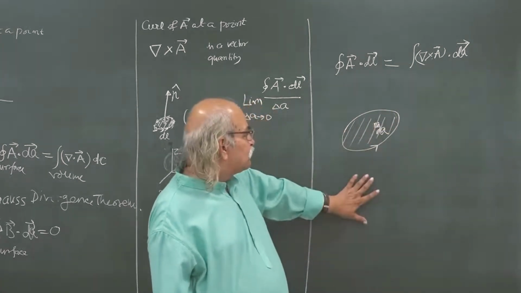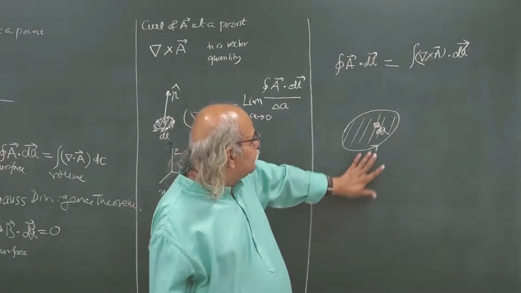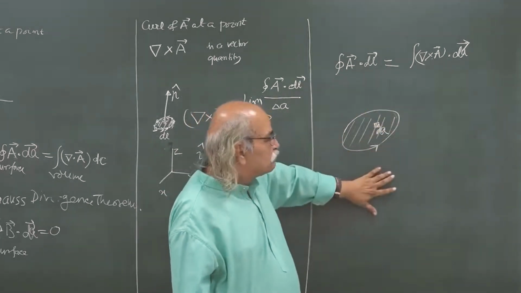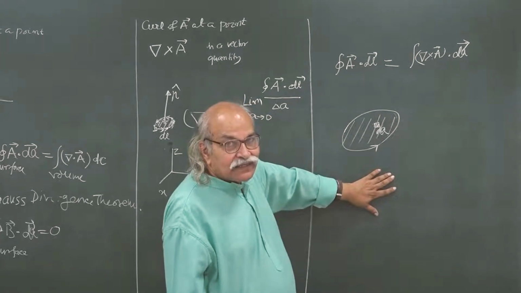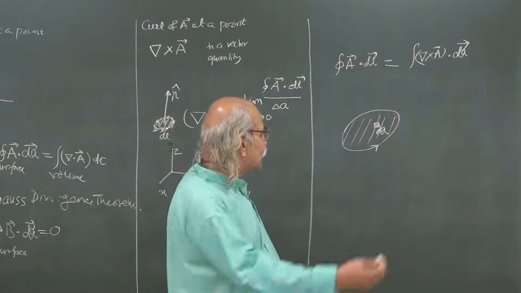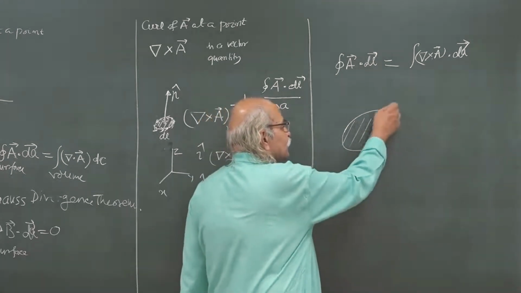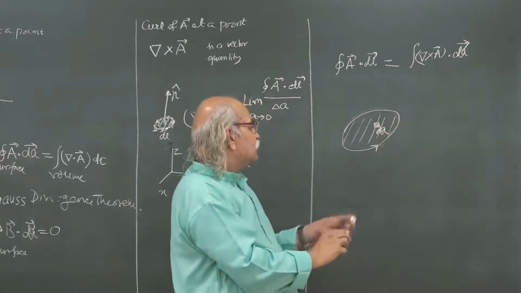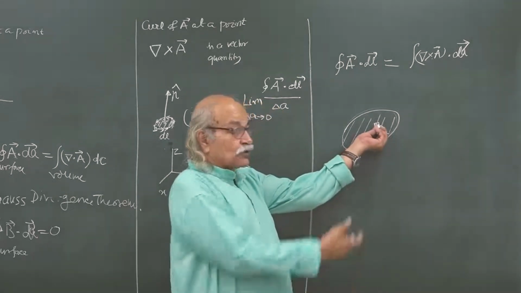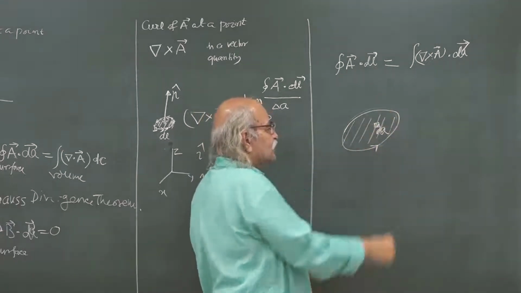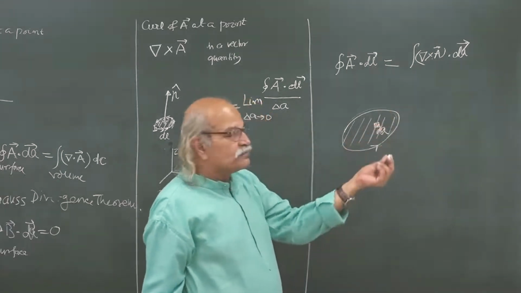So, in this particular picture, if the loop taken is in the plane of the board, then if I see it from this side, what I find is that it is going anti-clockwise. So, this dA vector will be coming out of the board towards me.